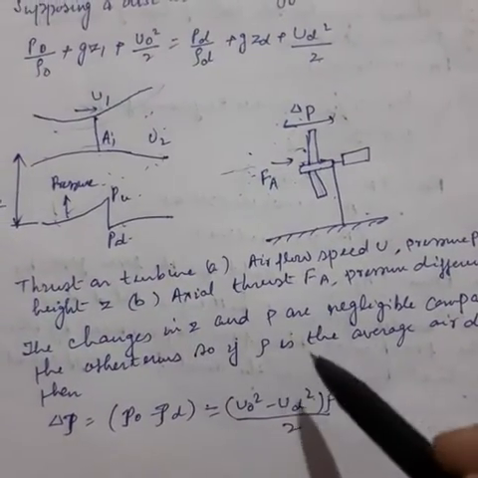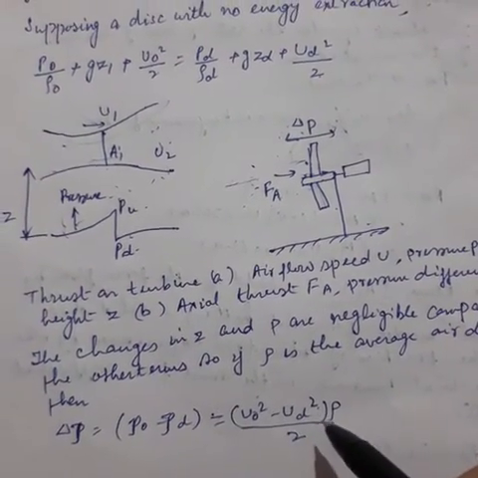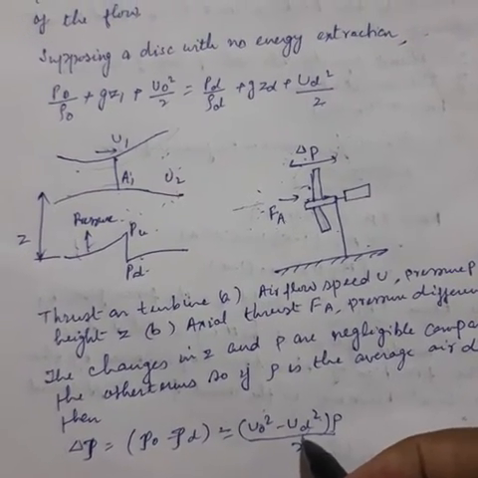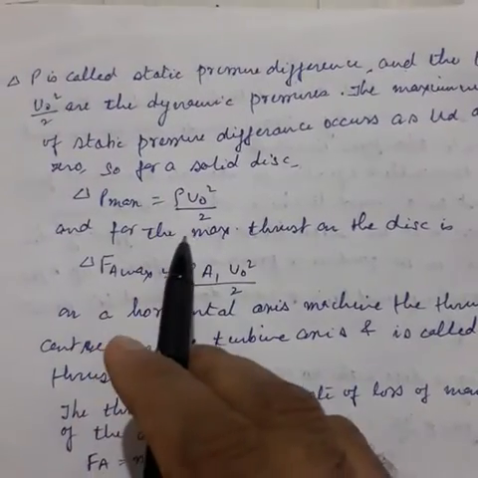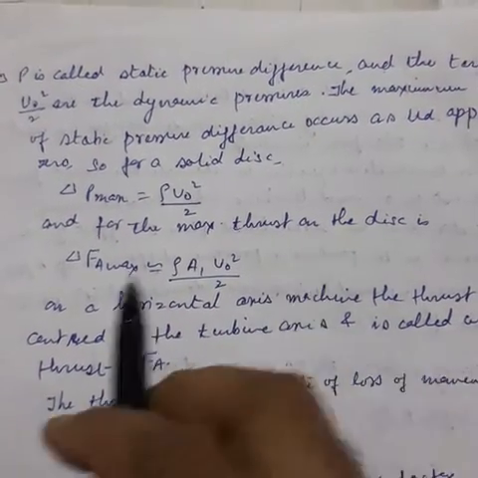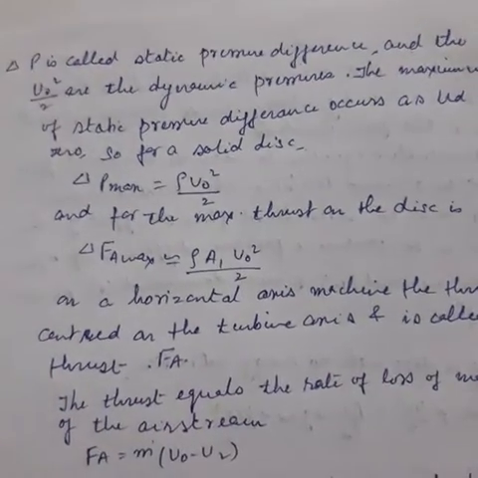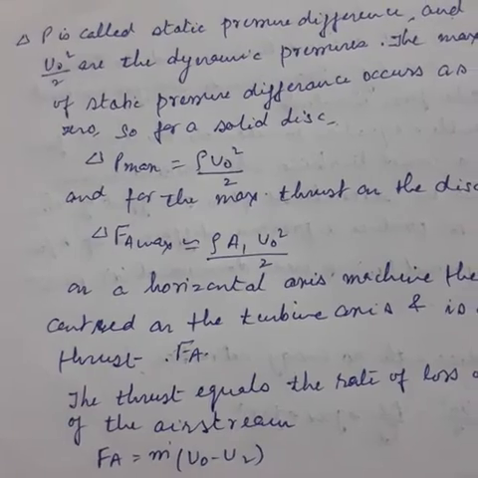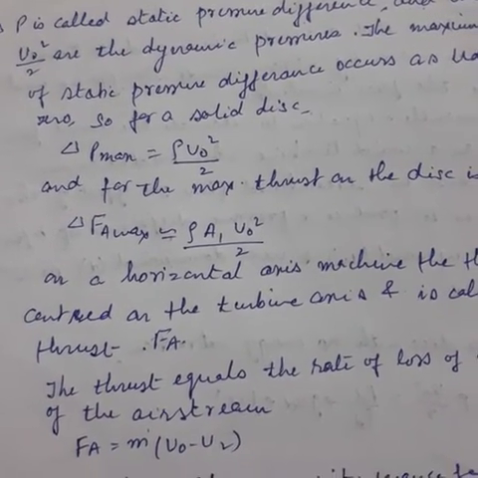For the maximum thrust on the disk, the maximum axial thrust force del F A max is equal to rho A1 U naught square by 2.